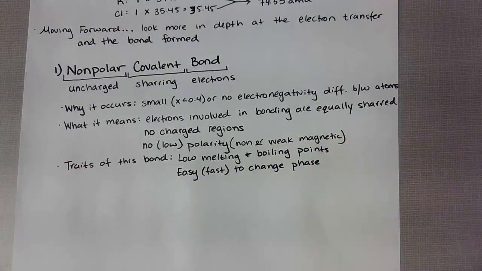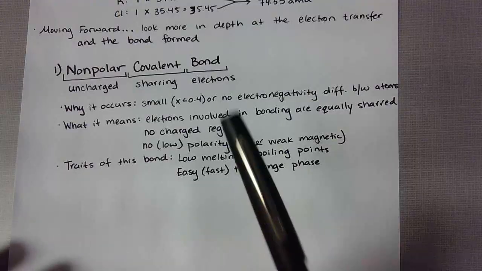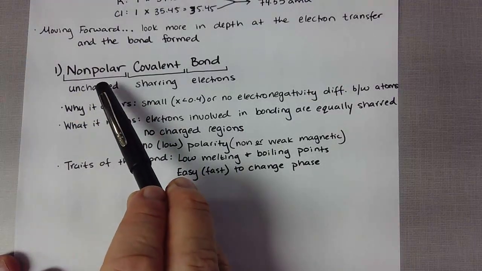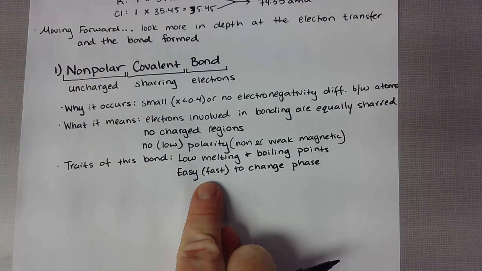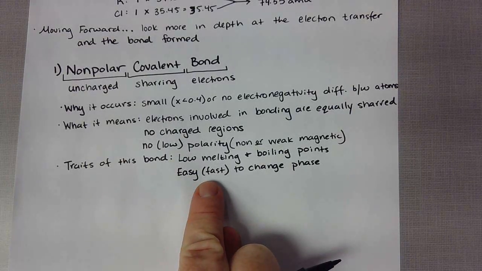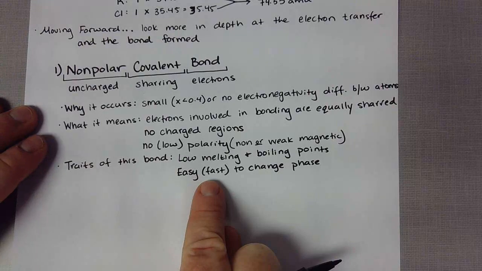So essentially, if you wanted to take a liquid that is a nonpolar substance with a covalent bond, it would be extremely quick to boil on your stovetop. You could change the phase from liquid to gas exceptionally easily and quickly.